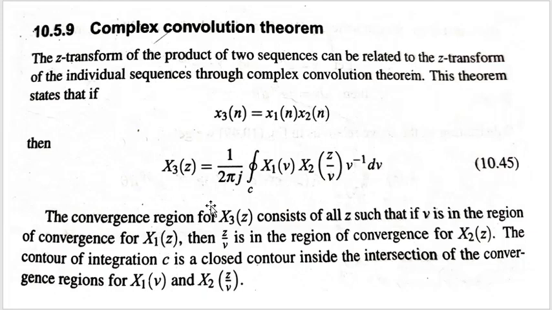So whatever the region of convergence for this X3 of z, it consists of all the values of z such that v is in the region of convergence of X1 of z, and then the other constraint is that z by v should be in the region of convergence of X2 of z.